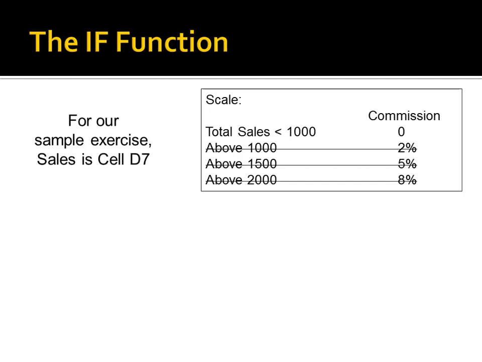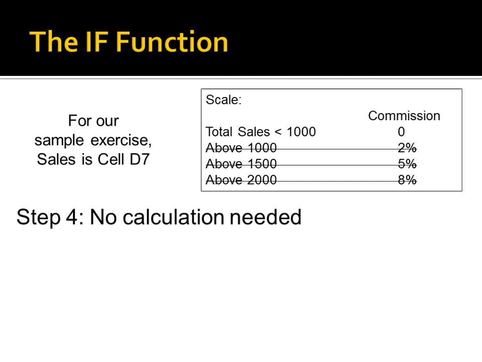So if you look at this one here, it says total sales. If it's below 1,000, they get 0. So you really don't have to create a function for it. It's the fail safe. If this isn't true, they get a 0. If that's not true, they get a 0. So in reality, you don't have to create a function for this one. Step 4, no calculation is needed.